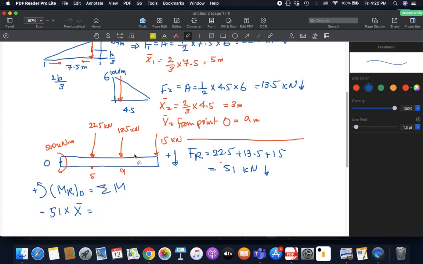We don't know where F actually is, right? It could be here, it could be here, it could be here. So x bar is the distance from point O. Now equals the summation of moments of all the forces and existing couples as well. So now the first force, this is 22.5, but it should be negative.